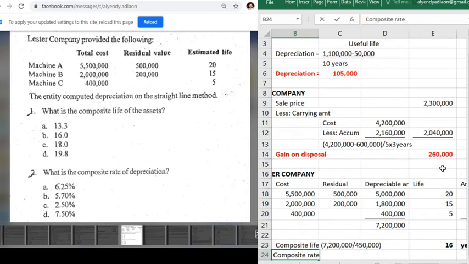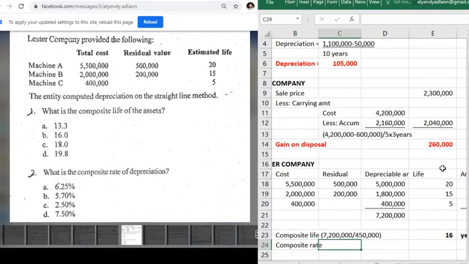Okay, so what is this composite rate? So composite rate is computed by the total annual depreciation over their total cost.